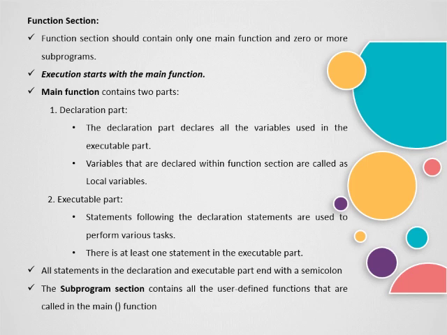The executable part contains statements following the declaration statements. It performs various tasks. There should be at least one statement in the executable part. All the statements inside this function section should end with a semicolon. The subprogram section contains the user defined functions, and these user defined functions will be called in the main function.